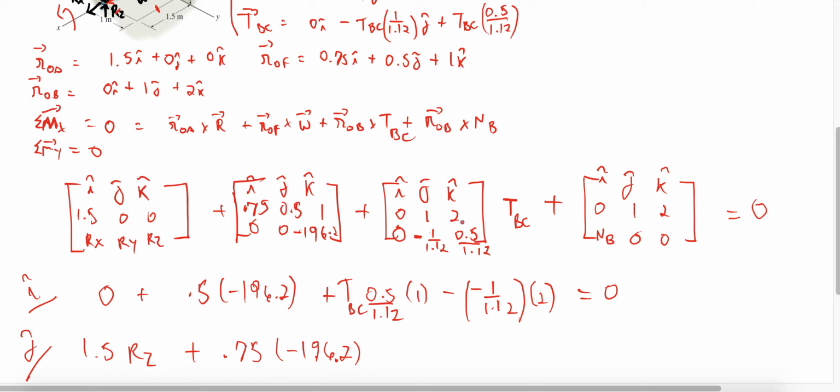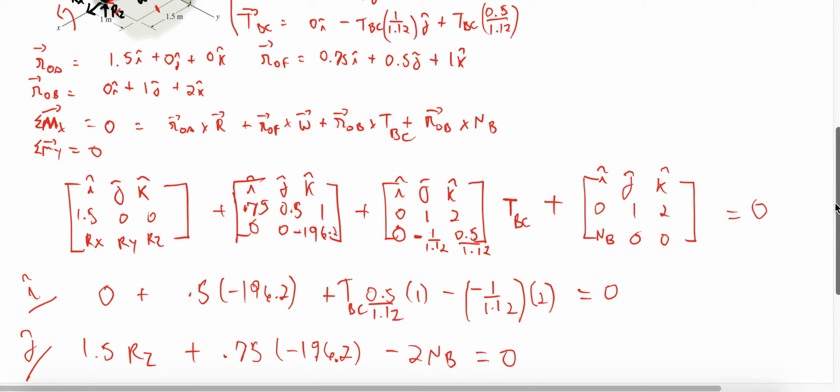Next one, we have 0 again, so I'm not going to write it. And then finally we have 0 times 0, 2 times NB, so minus 2 times NB equals 0. Two unknowns there, so not quite convenient.